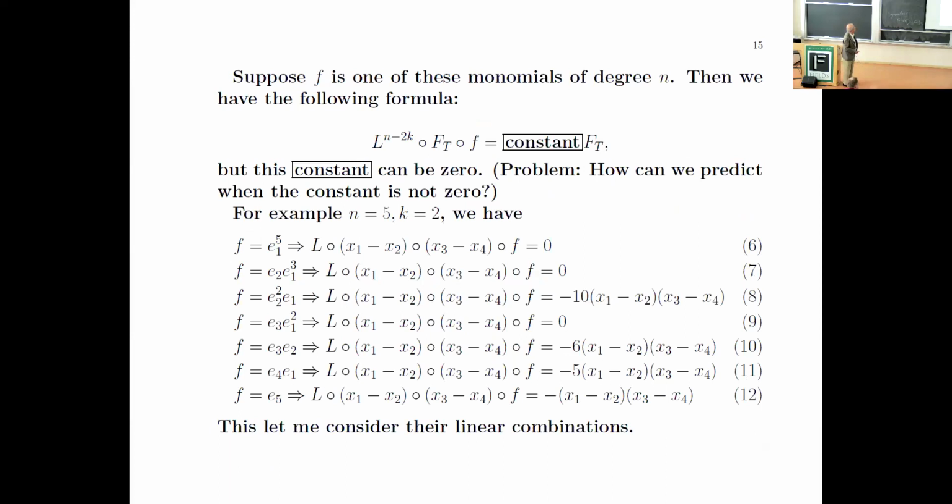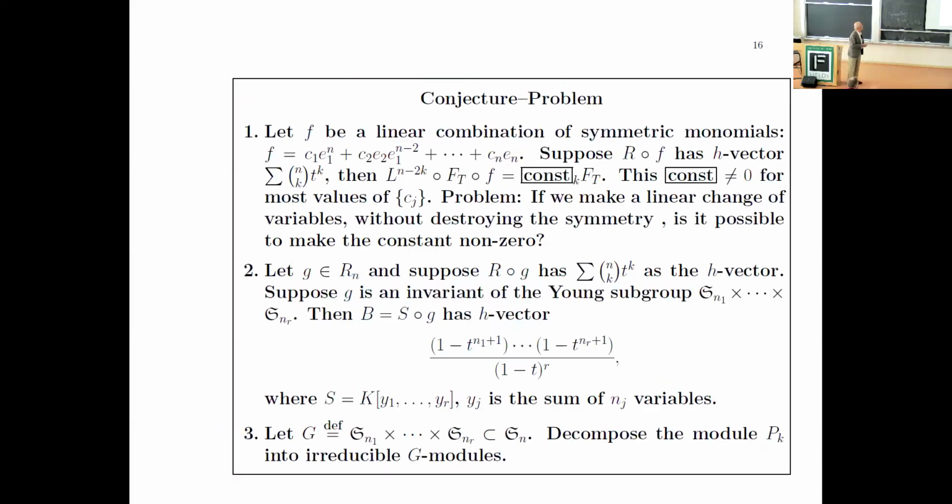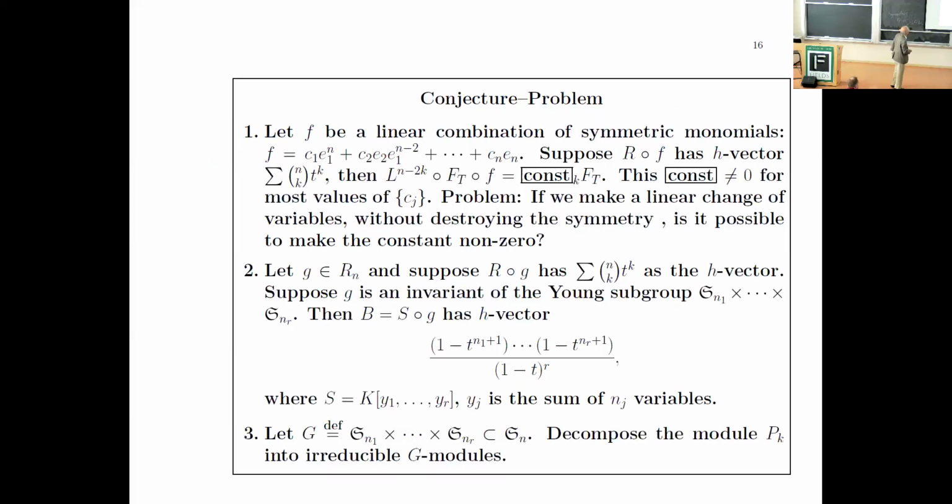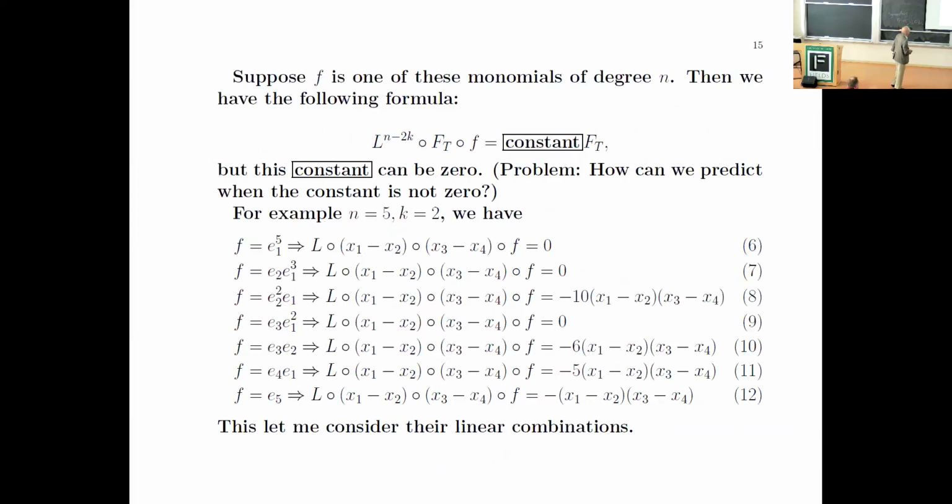Suppose f is one of these monomials. They satisfy this nice formula, but sometimes it is 0.